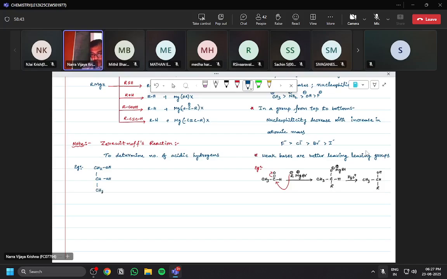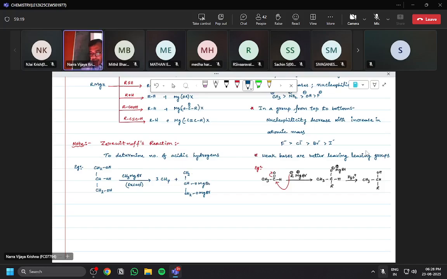How many acidic hydrogens are there? 3. So if this is allowed to react with excess methyl magnesium bromide, then you will get 3 moles of methane, correct or not? Every CH3 minus will go and take H plus. So 3 acidic hydrogens are there, therefore you will get 3 moles of methane and you will get CH2, CH, CH2, OMgBr, correct?